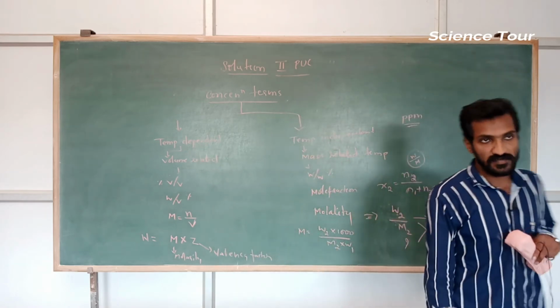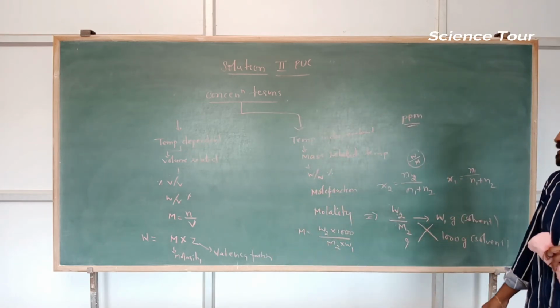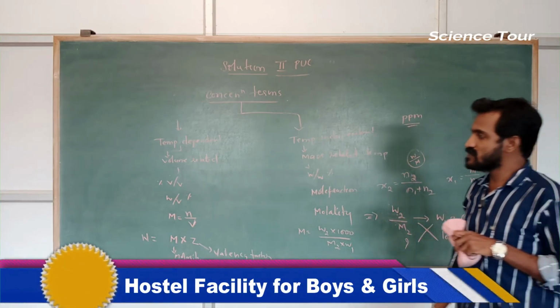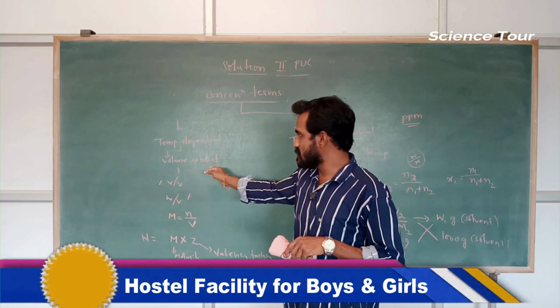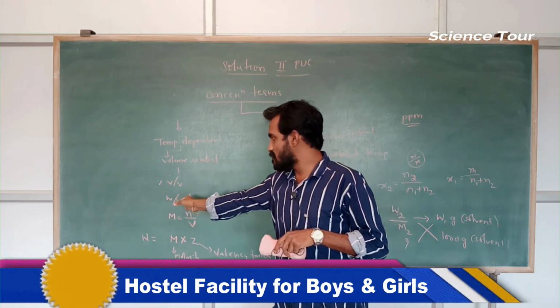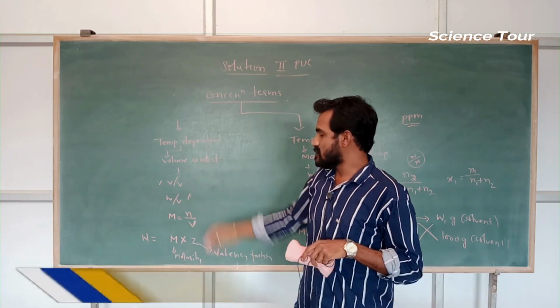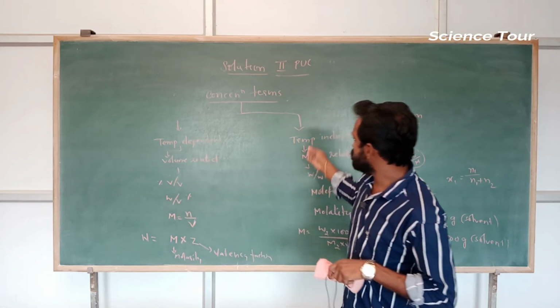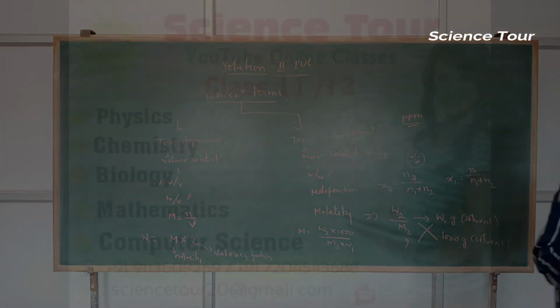My dear students, please note down which are mass related formulas and which are volume related formulas. Volume by volume percentage is volume related, temperature dependent. Weight by volume percentage, temperature dependent. Molarity, temperature dependent.